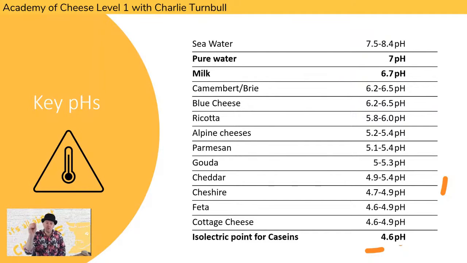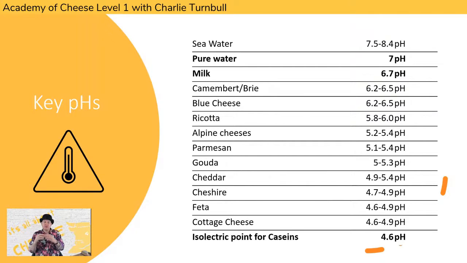So when we go from the 6.6, 6.7 in milk, using lactic acid bacteria, we're driving the acidity down to 4.6, about 2 points lower. Then we get coagulation. Now, most cheeses come back up to different degrees. 4.6 is for fresh cheeses, really young cheese with still a lot of acidity, cottage cheese, feta, soft cheeses.